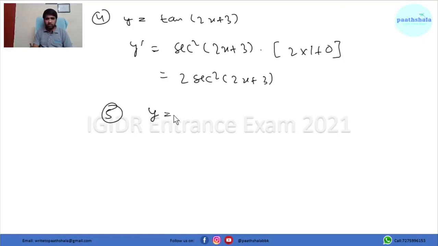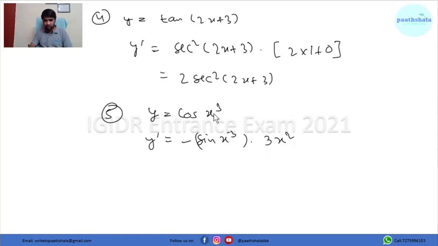Let's say y equals cos of x cube. This kind of question has already been asked in IGIDR once. Again, we have to apply the chain rule to find the differentiation. So y dash will be: differentiation of cos x is minus sine x, but here it is x cube, so we'll write x cube first, then we'll differentiate x cube again, so this will become 3x squared.